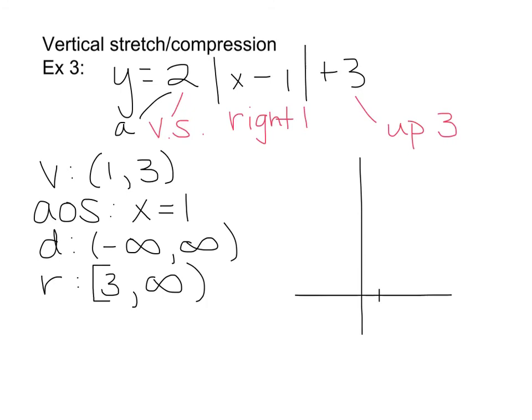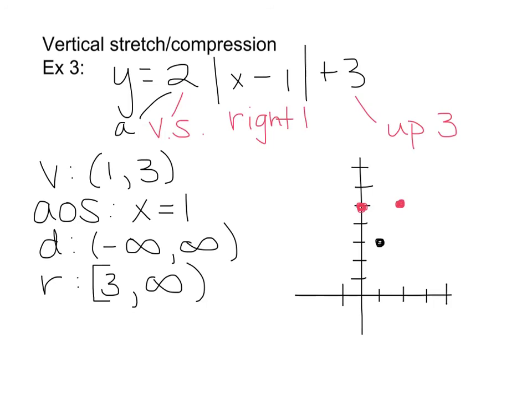So let's start by graphing our vertex. So (1, 3). Now, from that point, we move the slope. Okay, so since A is +2, that means you're going to go up 2 and to the right 1 to get your first dot, and up 2 and to the left 1. Okay, so you can get both sides of your V. Then from that point, you are going to do the exact same thing again.